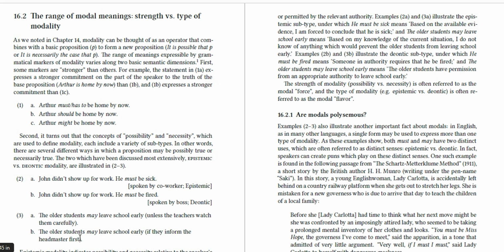So we read the sentence and we put two expectations. The first one we put is unless the teachers watch them carefully. It means they could leave, yes, but at the same time they are leaving under maybe less observation by teachers. If the teachers are aware, they will not leave.